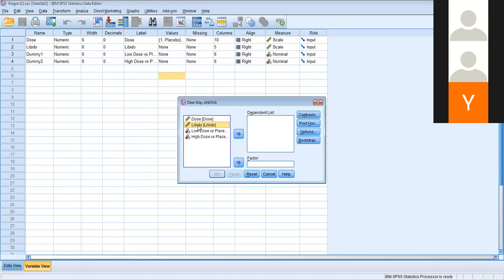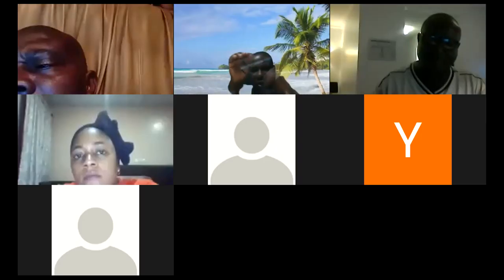Move libido to the dependent list, then dose as the factor. Click OK and share the result with us.